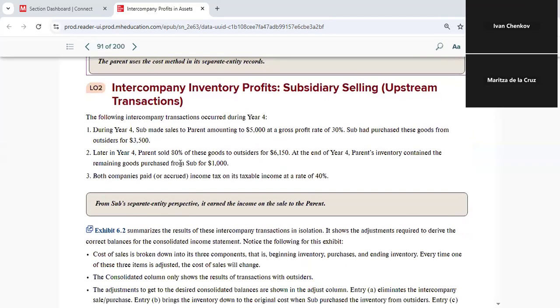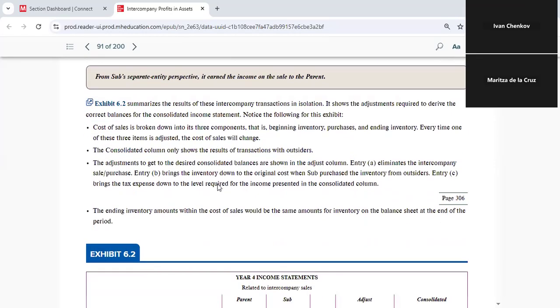Later in year 4, the parent sold 80% of the goods outside for $6,150, and at the year end, inventory contained the remaining goods purchased from the subsidiary for $1,000. Both companies paid income taxes on the taxable income at a rate of 40%.